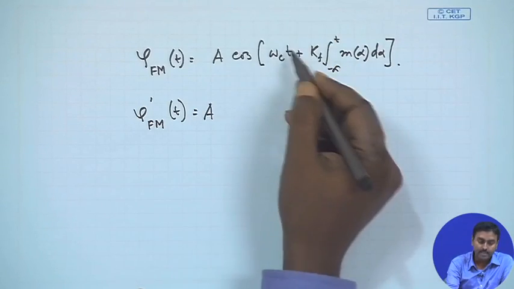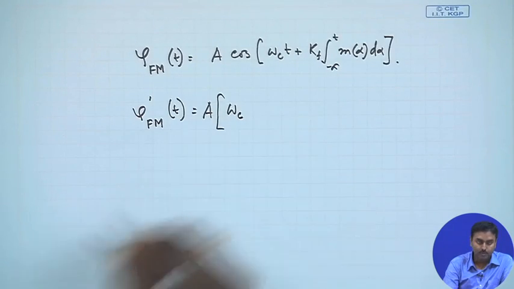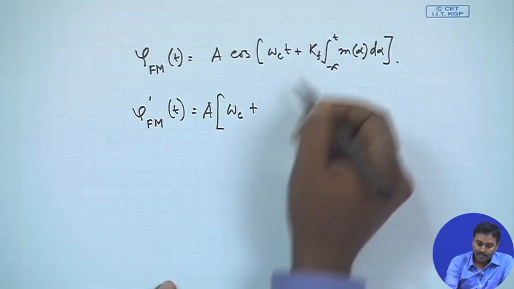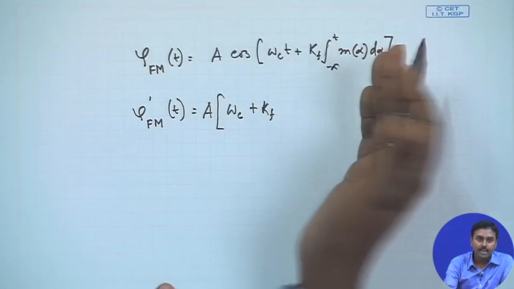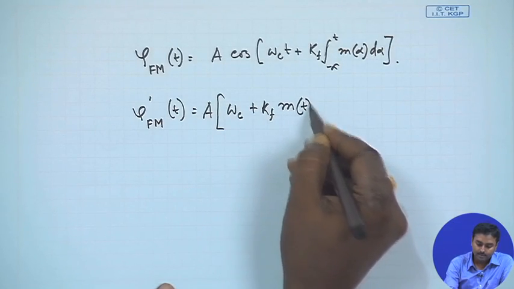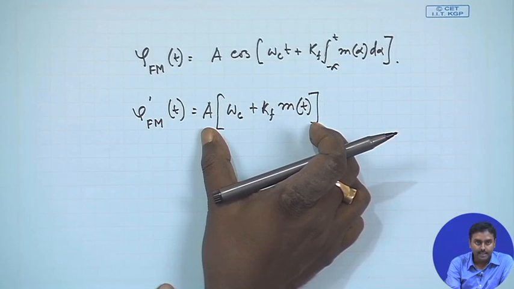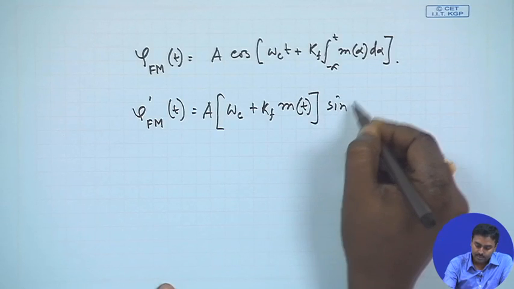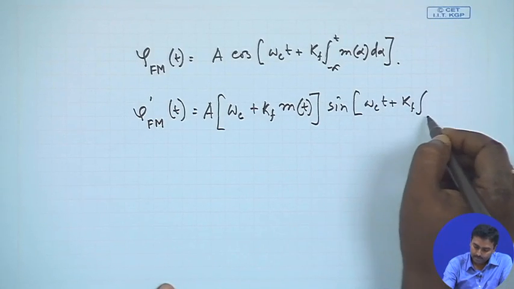Differentiating omega ct with respect to t gives omega c, and kf is a constant, and differentiation and integration cancel each other, so this will give me mt, right. That is the whole thing I get after differentiation, and the cos must also be differentiated. So, that must give me sine of omega ct plus kf integral of m.